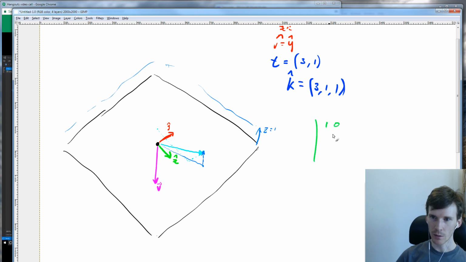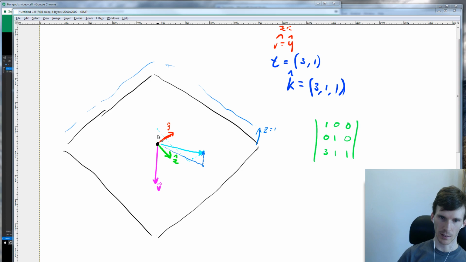So 1, 0, 0, 1, 3, 1. And we could do it like that, or we could say 1, 0, 0, 0. So we extended this to a 3 by 3 matrix. And this vector here is this blue vector. It's our basis vector.